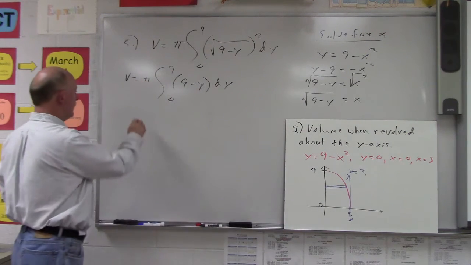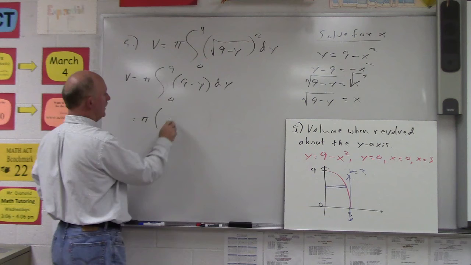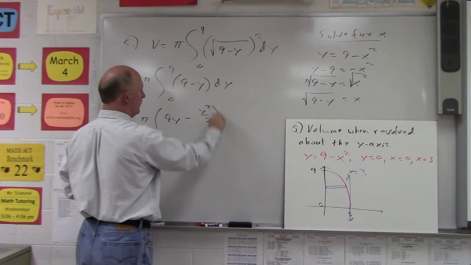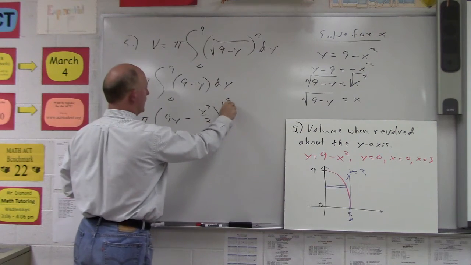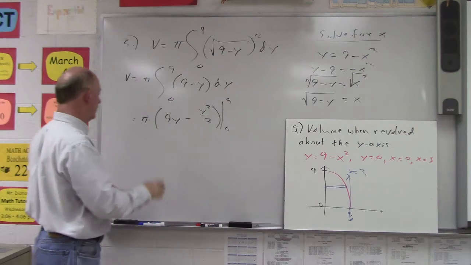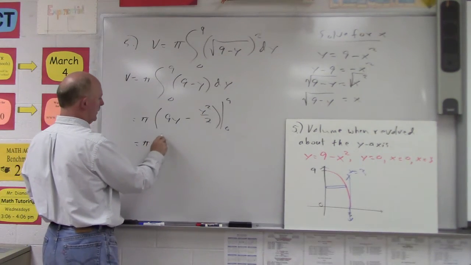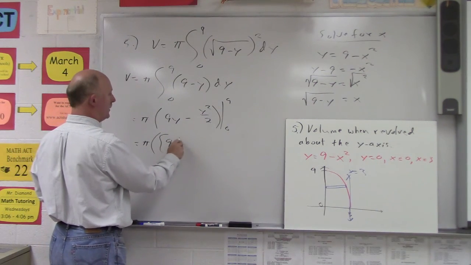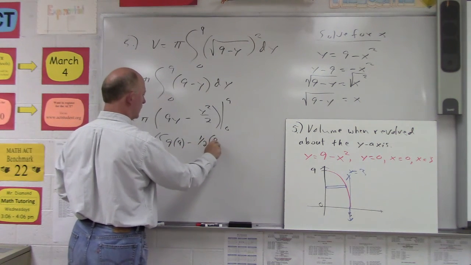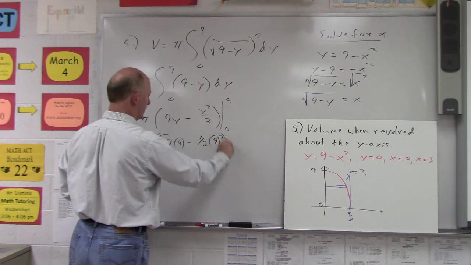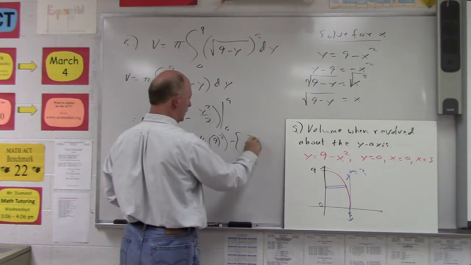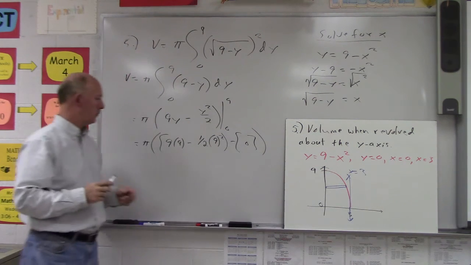Find our antiderivative: pi times 9y minus y squared over 2, from 0 to 9. Now let's substitute the upper bound minus the lower bound. This will be pi times 9 times 9 minus 1/2 times 9 squared, minus substituting 0 in for y, which gives us 0. That makes it pretty easy.